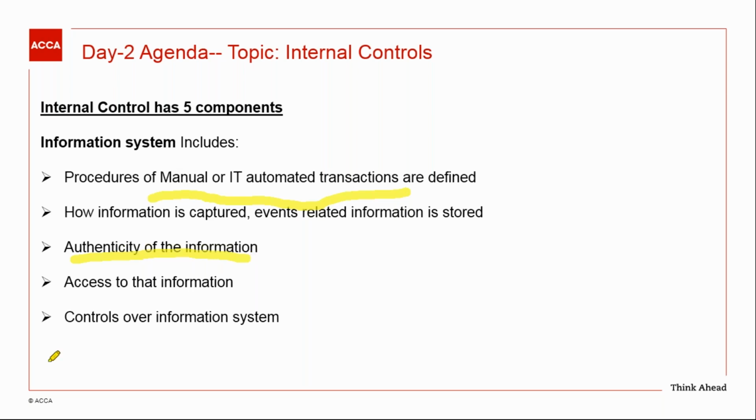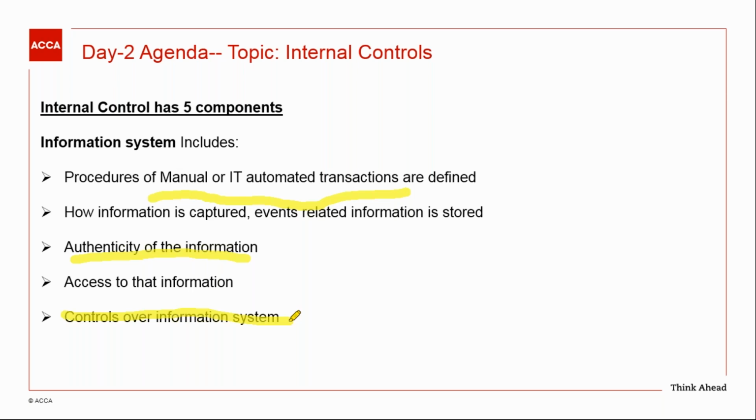Suppose we discuss the controls over the information system. The sales department only has the access about their sales. They do not have the access on the purchases data or purchases information, and they do not have the access regarding the audit information.